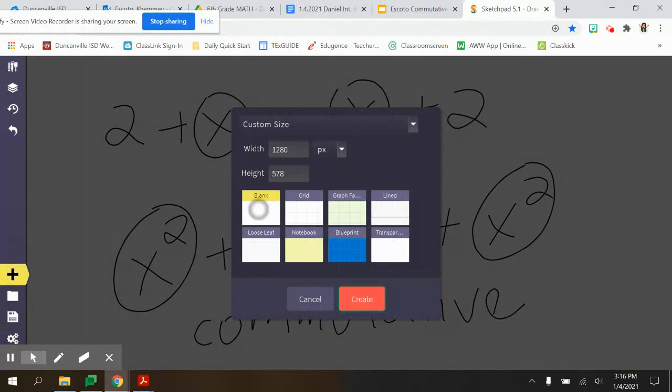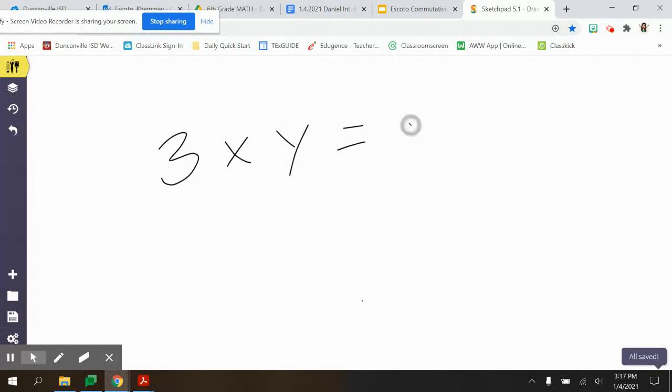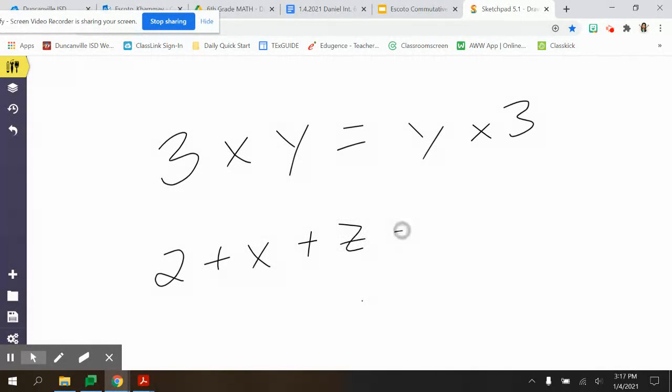So let's do another one. What if I did 3 times y? Well, what would be a commutative of that? Well, y times 3. All I did was switch it around. Now, what if I had 2 plus x plus z?